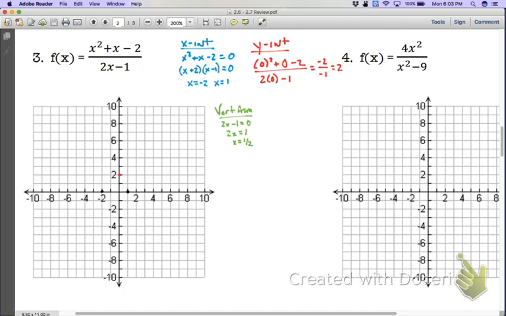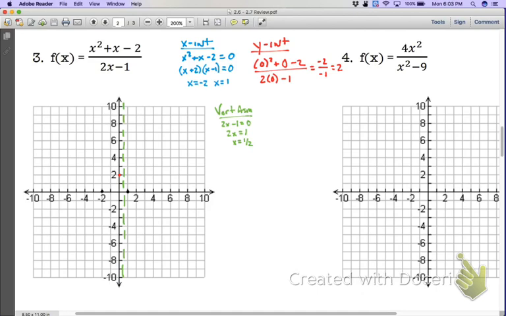Again, just like we've talked about, go ahead and run your dash line right down about where 1/2 is and go from there. So there's our vertical asymptote.